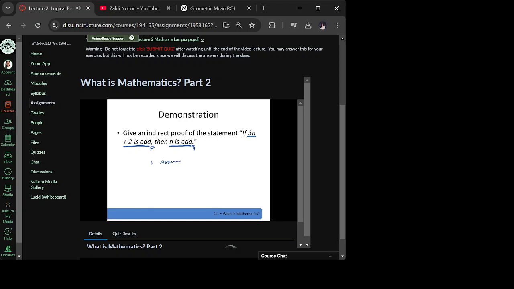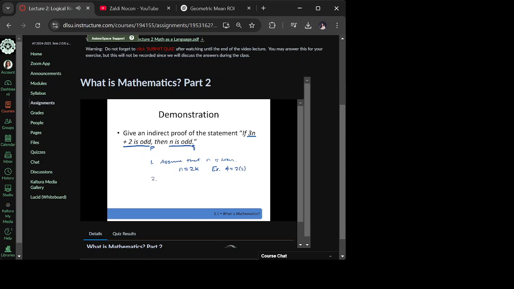Assume that n is even. This is the negation of Q. We can then write n equals 2k for some integer k. All even numbers look like this. For example, 4 equals 2 times 2.